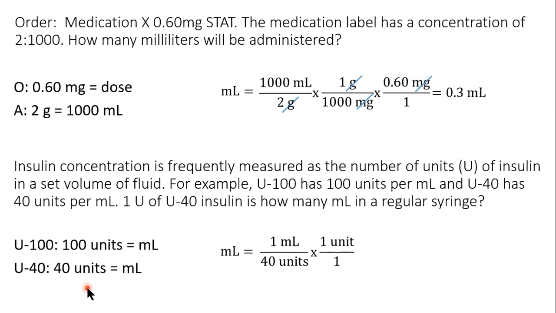And I don't know if you remember from a previous slide, it says that 1 U, like a 1 U syringe, means 1 milliliter. So we cross out the units, and we are left with 1 over 40, which is 0.025 milliliters, which we can round to 0.03 milliliters.